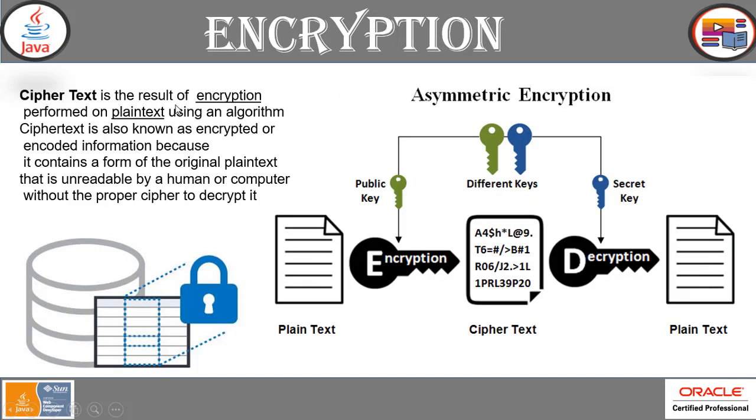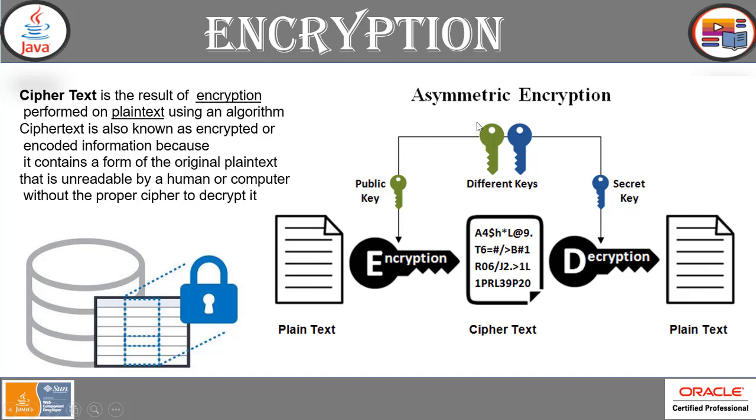Now let's learn about encryption. Ciphertext is the result of encryption performed on plain text using an algorithm. Ciphertext is also known as encrypted or encoded information because it contains a form of the original plain text that is unreadable by humans or computers without the proper cipher to decrypt it. Now, as you can see in asymmetric encryption, we have a public key and a secret key, which is the private key.